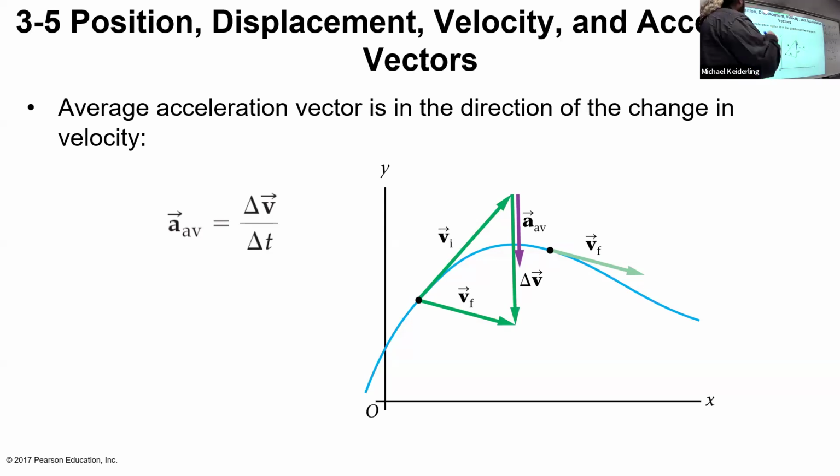And if you want to do those with calculus, all you need to do is take the derivative of the x, take the derivative of the y. And that'll give you the velocity in the x and the velocity in the y. The average acceleration is in the direction of the change of velocity, so final velocity minus initial velocity over delta t.